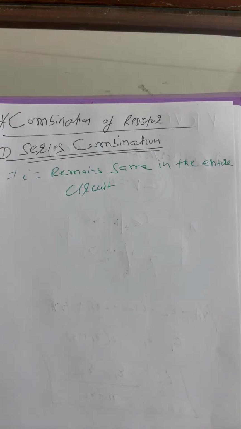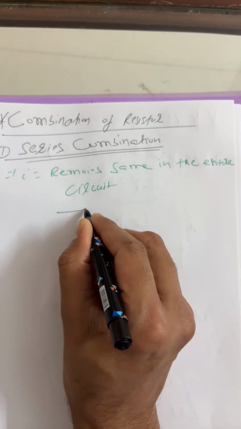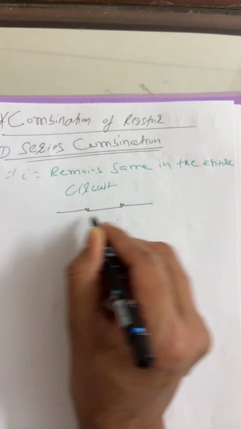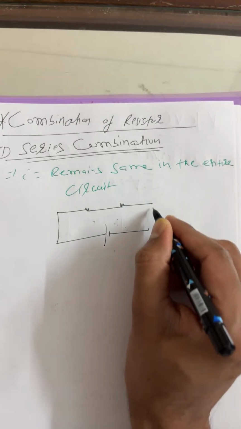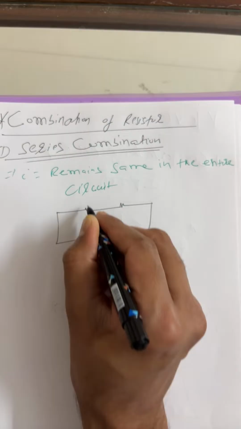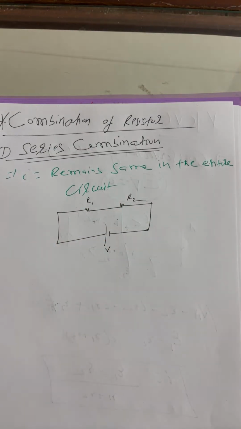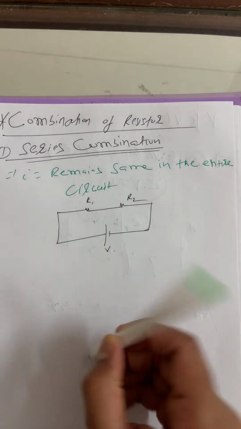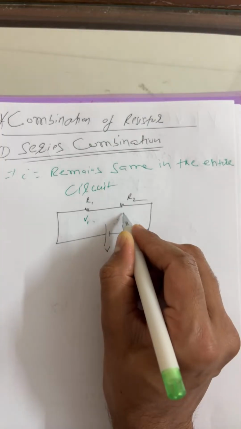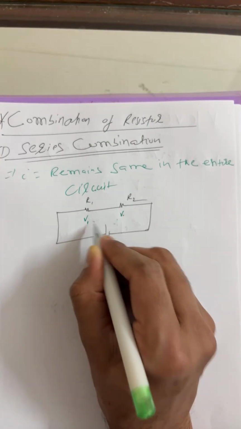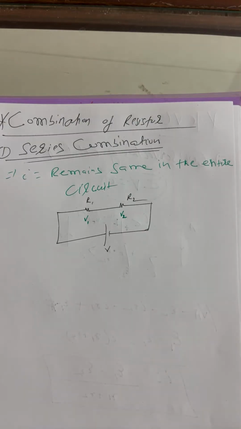I. Let's have a look at an example here. This is R1, this is R2, both connected through a V volt battery. These two resistors will definitely have different potential differences, drops. This is V1 and this is the drop on R2, which is V2.